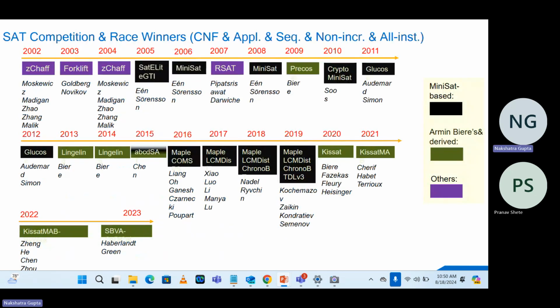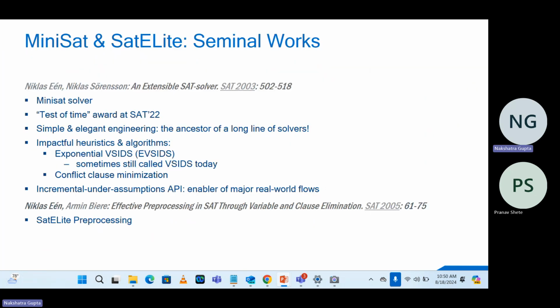Now I'm going to talk about Minisat and satellite GPI. Minisat is a very well-known solver, for the test of time of words. It started 2 years ago. A simple engineering from there is a worldwide solver that they assume based on Minisat.